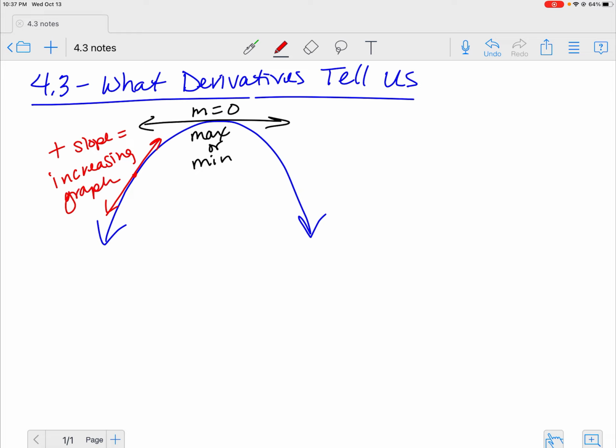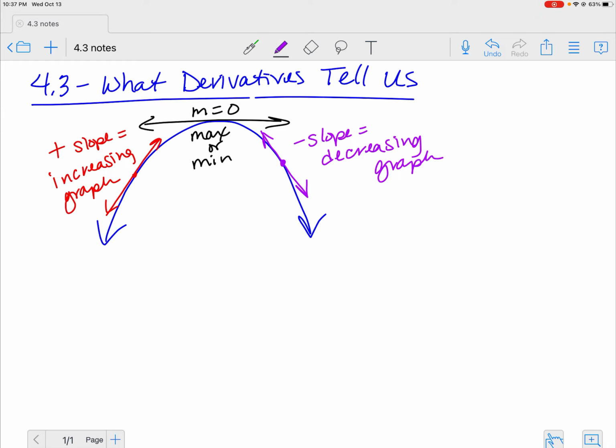So if the slope of my tangent line, we're talking about derivatives here, and this derivative is the same thing as the slope of a tangent line, at a specific point is positive, that means my graph is increasing. If I have a slope that is negative, what's that tell me? Exactly, decreasing graph. Right on. Okay, so increasing, decreasing.